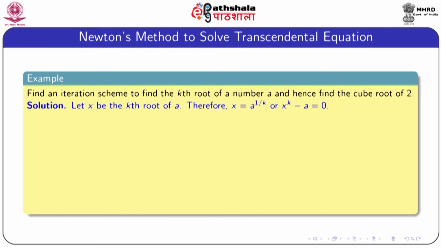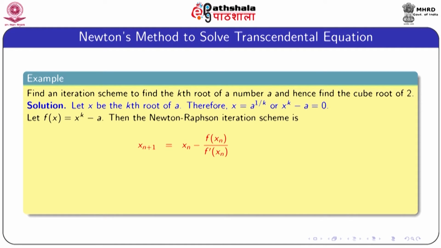So for this purpose we assume that the kth root of the number a is x, that means we can write x to the power k minus a equal to 0, and let x to the power k minus a be the function f(x), and for this function the Newton-Raphson iteration scheme is this one, and after substituting the value of f and f derivative we obtain finally (k xn^k minus xn^k plus a) divided by (k xn^(k-1)), or it can be written as 1 by k into ((k minus 1) into xn plus a by xn^(k-1)).